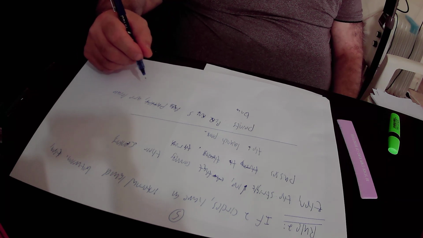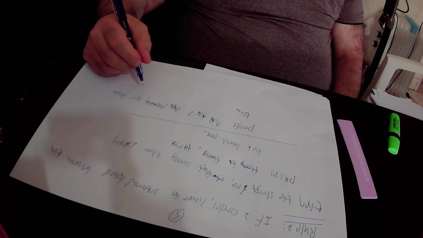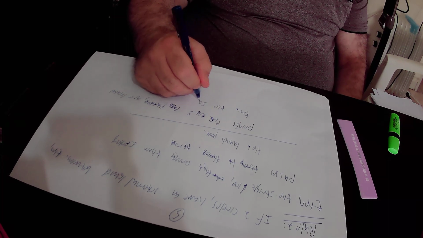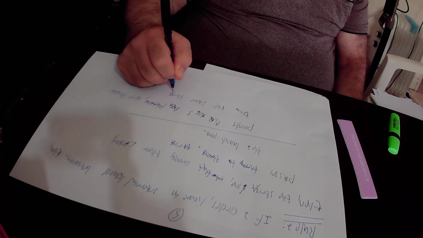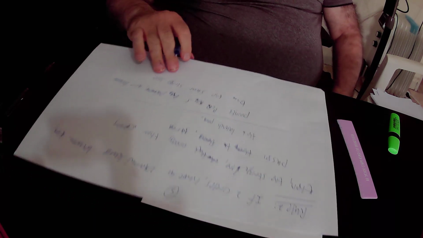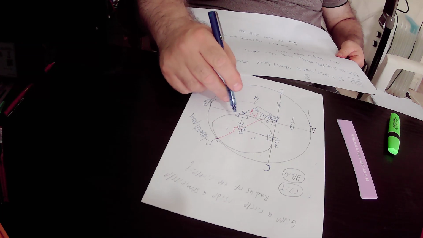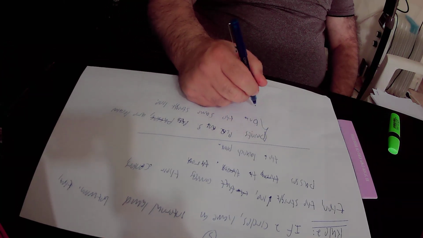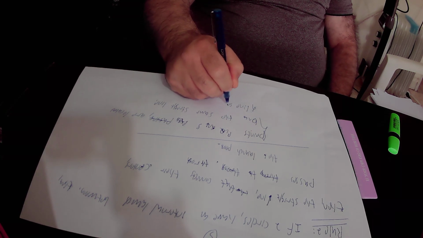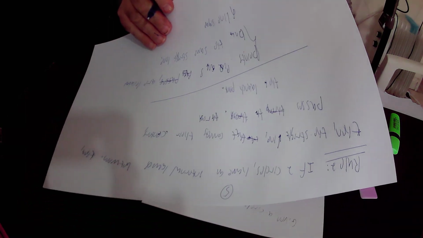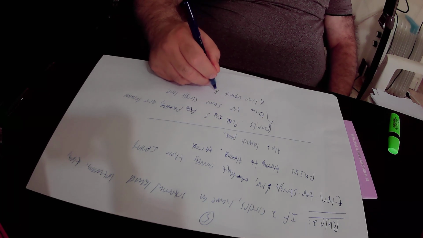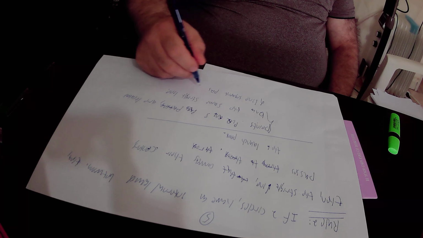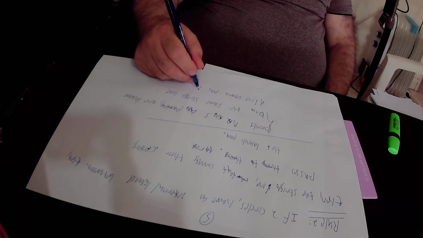So here points P, Q and S are located on the same straight line, or in other words, line segment PQS is one straight line.